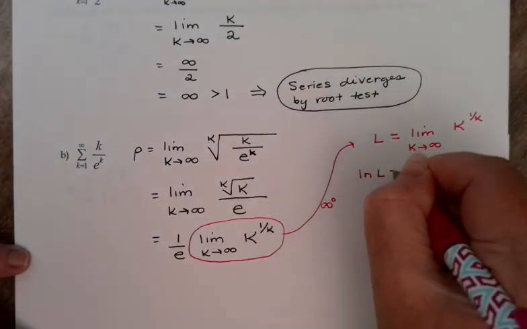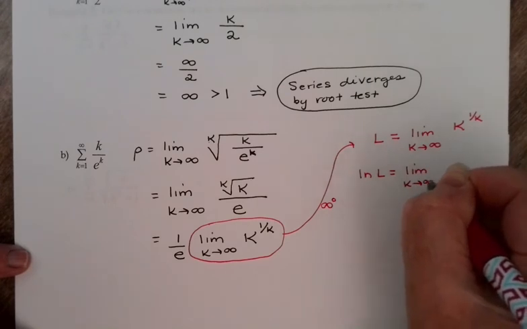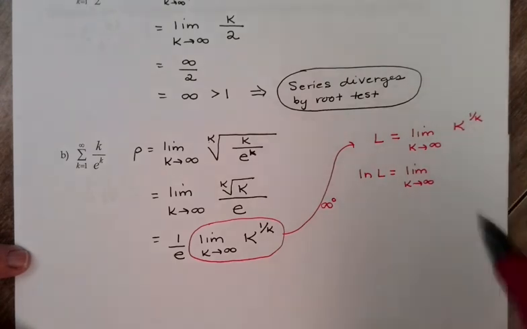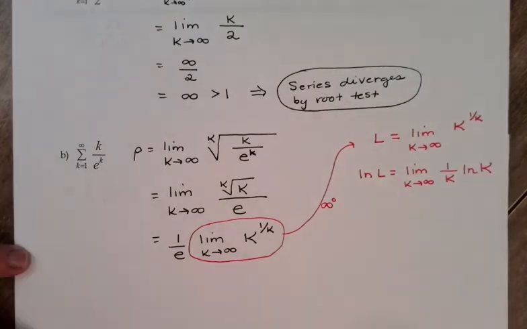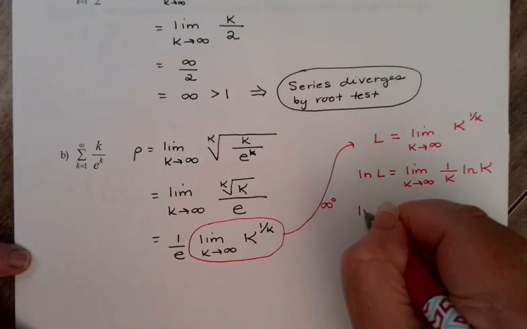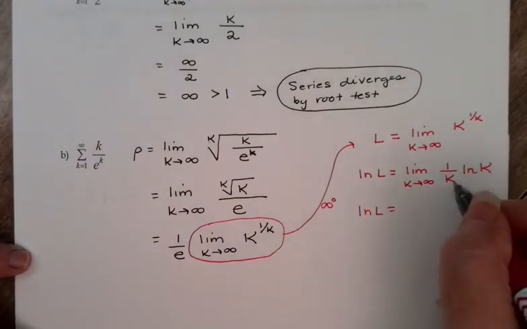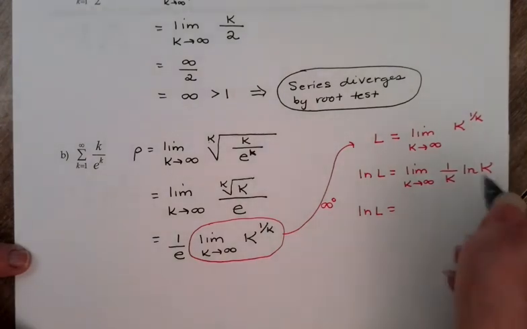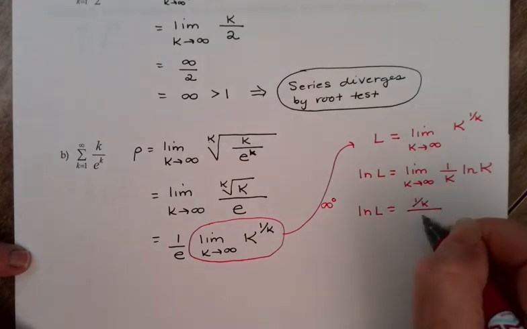Then the natural log of L would be the limit as k goes to infinity. And when I take the natural log here, I'll be able to bring that 1 over k down in front. So 1 over k, ln k. This is an infinity over infinity case, so I'm going to use L'Hopital's rule here. The derivative of ln k is 1 over k, and at the bottom, the derivative of k is 1.